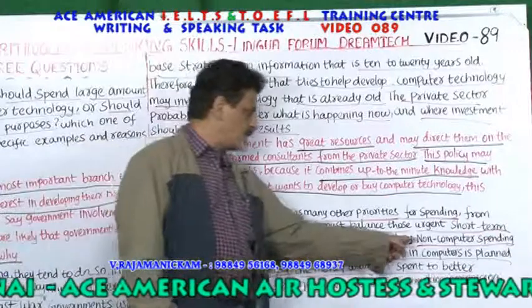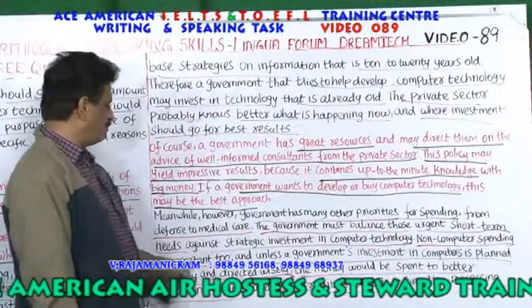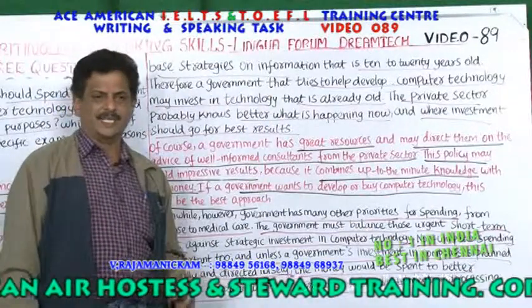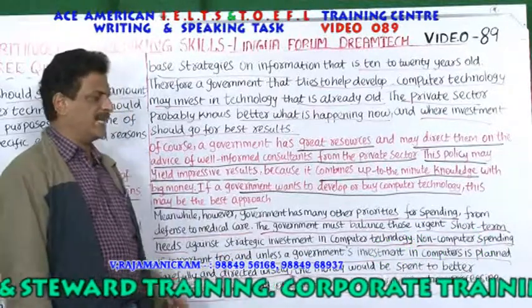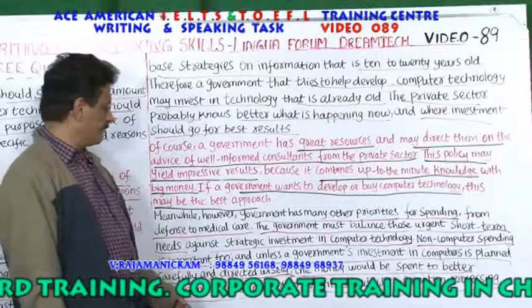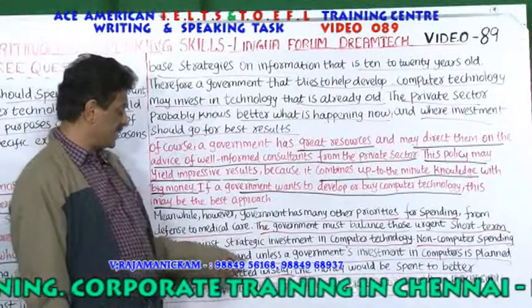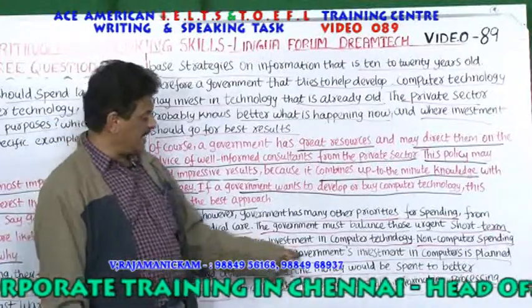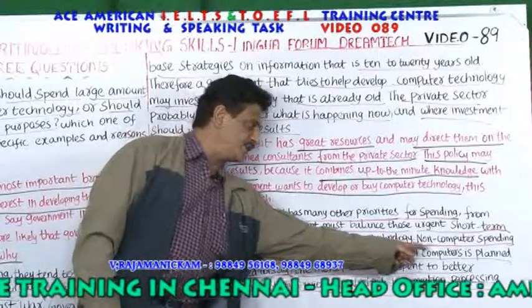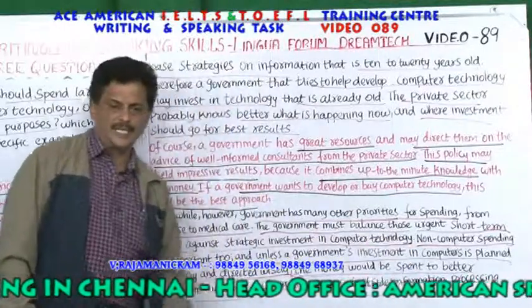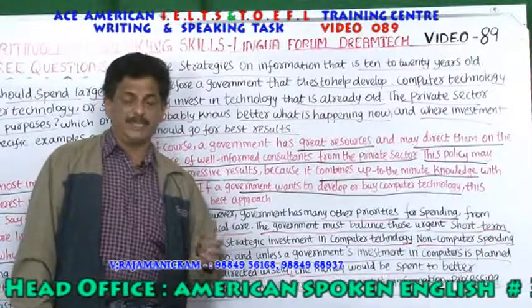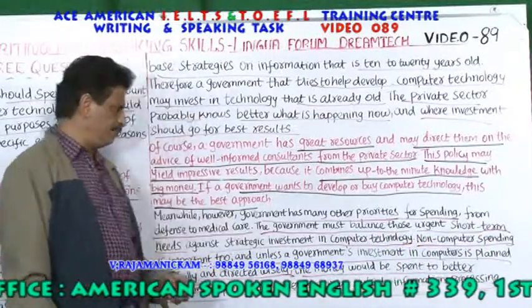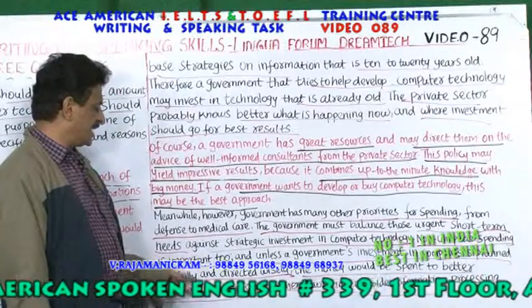So non-computer spending is important too. கம்ப்யூட்டர் அல்லாமல், கணினி இல்லாமல், கணினி துறை இல்லாமல் மற்ற துறைகளான இலவச மின்சாரம், இலவச அரிசி, மருத்துவம், அவைகளுக்கும் அரசாங்கம் செலவு செய்ய வேண்டும். And unless a government's investment in computers is planned, கம்ப்யூட்டர் கணினி தொழில்நுட்பத்திற்கு பணத்தை கொள்முதல் செய்வது என்பதே அரசாங்கம் திட்டமிட்டு செய்ய வேண்டும், ஜாக்கிரதையாக.